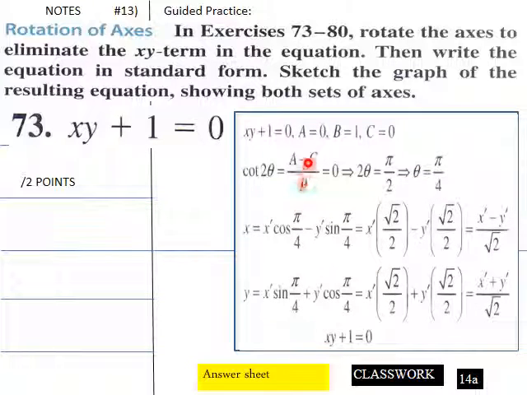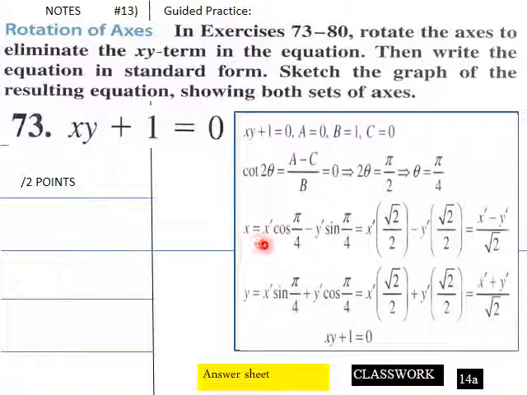So we have cotangent 2 theta equals a minus c over b equals 0. When we substitute in our values, we have 2 theta equals pi over 2, so theta equals pi over 4.